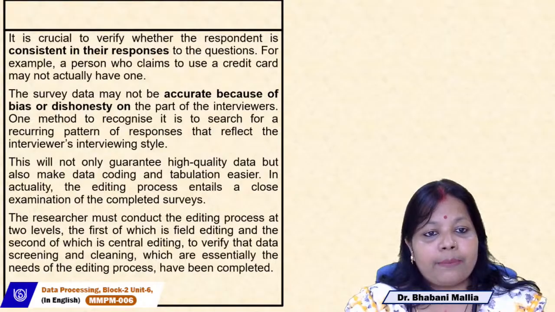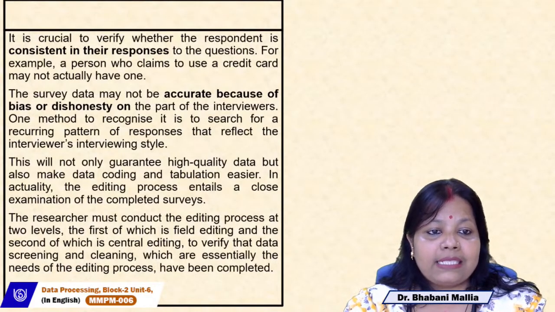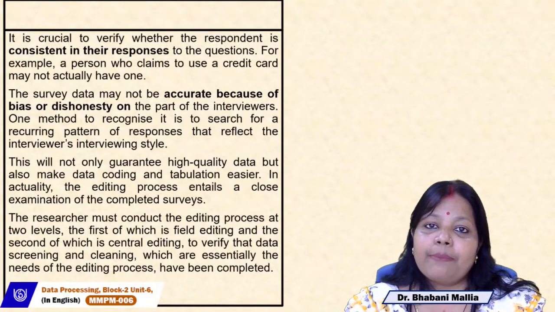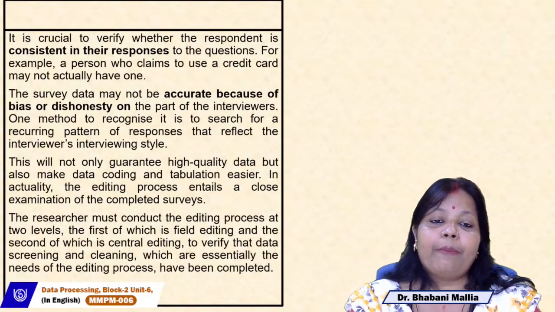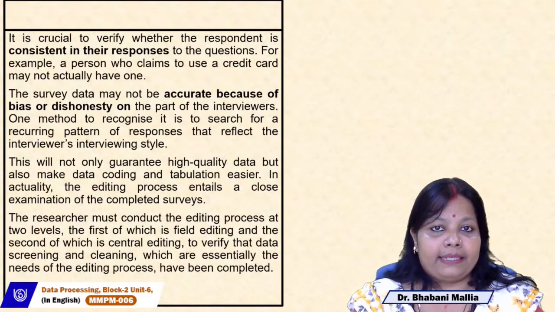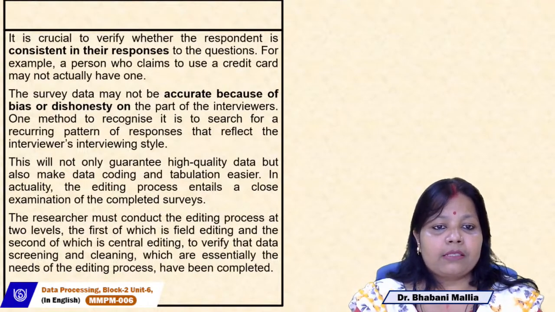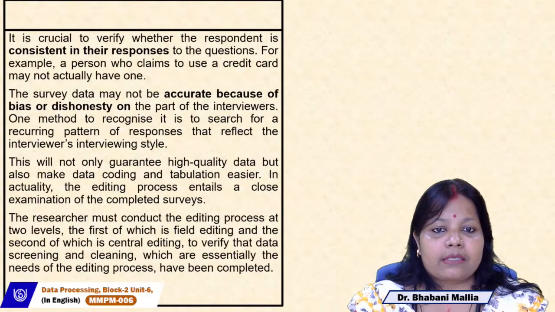And the survey data may not be accurate because of bias or dishonesty on the part of the interviewers. Sometimes it happens that as we are human beings, we have some prejudice and bias in our mind. There are different kinds of bias; here I would like to cite one example on status.